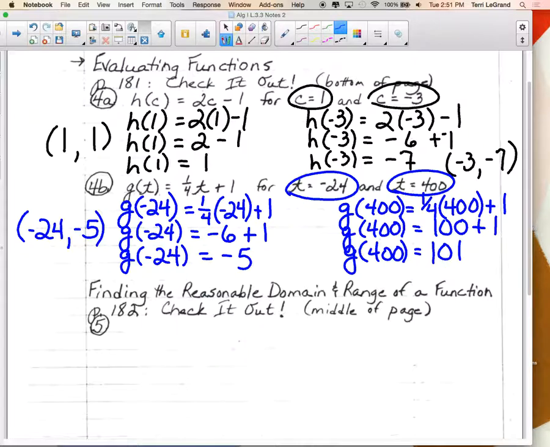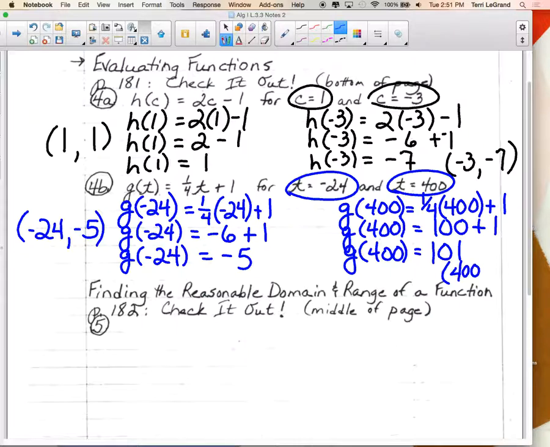And write the ordered pair that you just found for this function. So what ordered pair did we just determine for function g? Paul? 100... Okay.